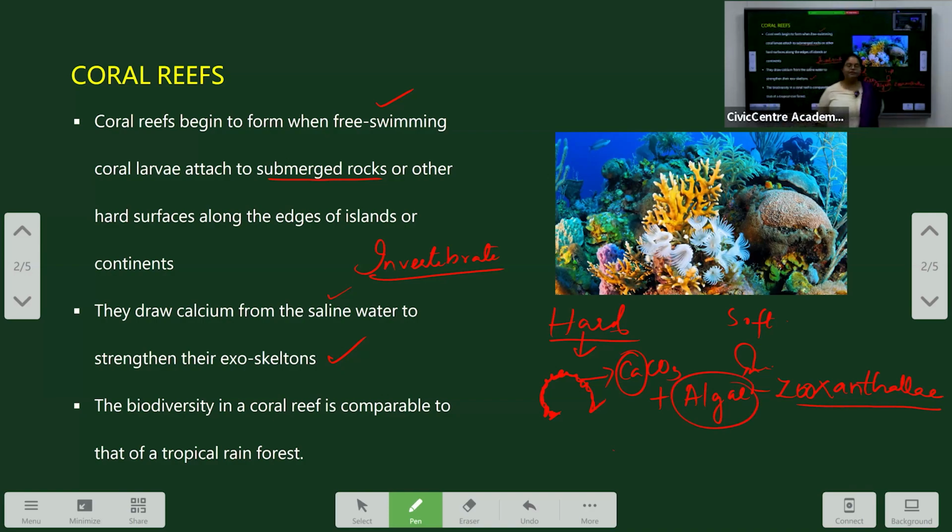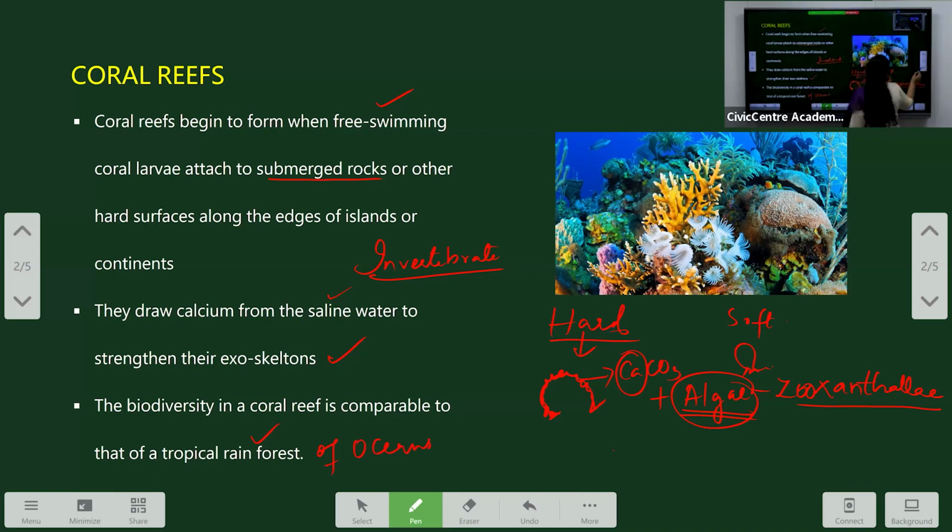Even in the terrestrial ecosystem, we know that wherever there are primary food producers, you find major biodiversity. So these food producing organisms, the zooxanthellae, become the ecosystem for various other species that feed on them. And hence, these are called the tropical rainforests of the oceans.